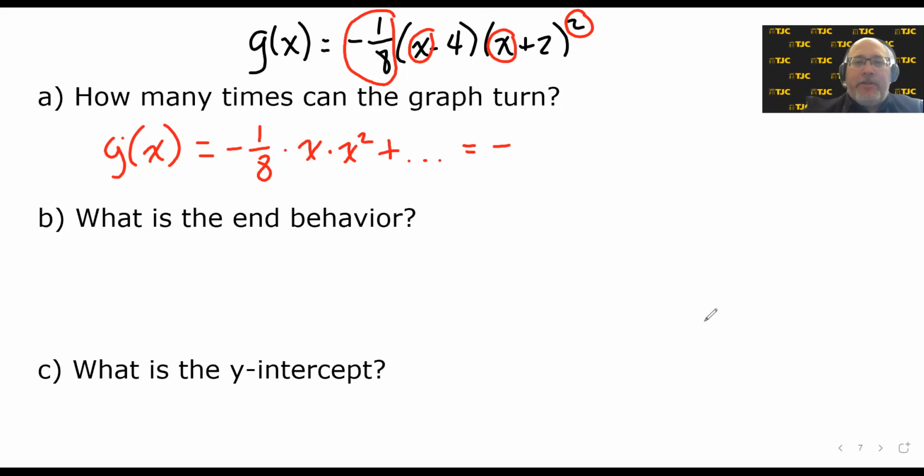We have -1/8. x times x squared is x to the 3rd. This is a 3rd degree polynomial. The degree is 3, which means we can turn at most 2 times.